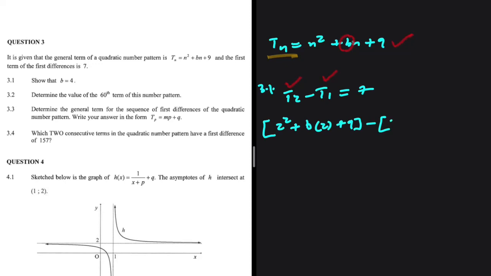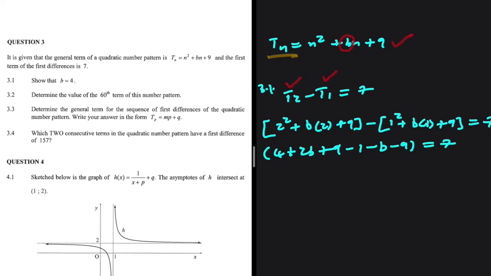So that is going to be 1 squared plus b multiplied by 1 plus 9 being equal to 7. So what is 2 squared? That is 4 plus 2b plus 9. And then 1 squared, we're going to get minus 1. B multiplied by 1, we're going to have minus b, and minus 9 being equal to 7.